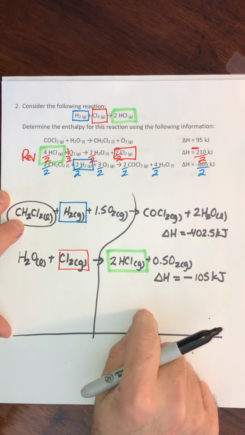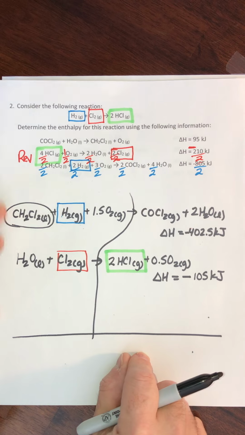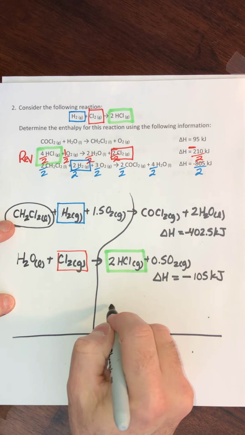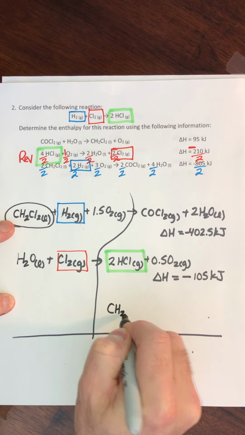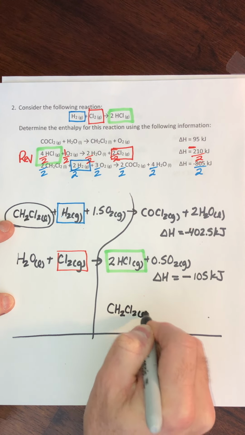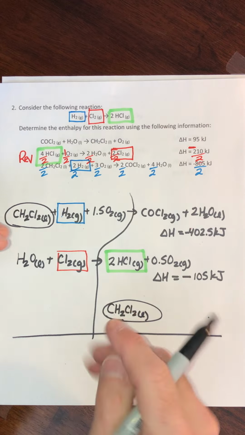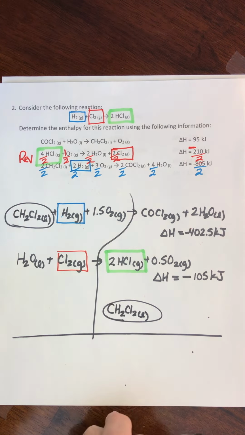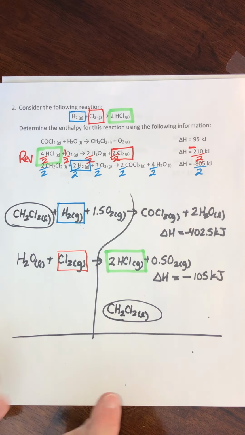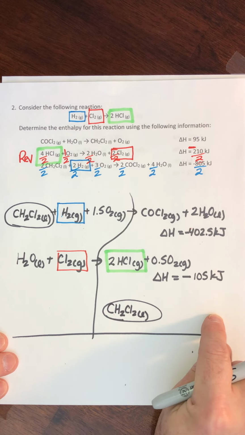So that tells me what I have to do to the last equation. For the last equation, that last equation is going to have to give me a CH2Cl2 liquid here because I need one on the opposite side to cancel, right? I have to have one here to cancel out. So that tells me what my last equation is doing.